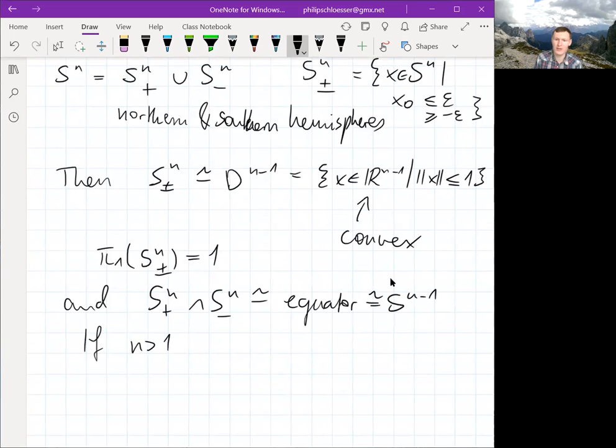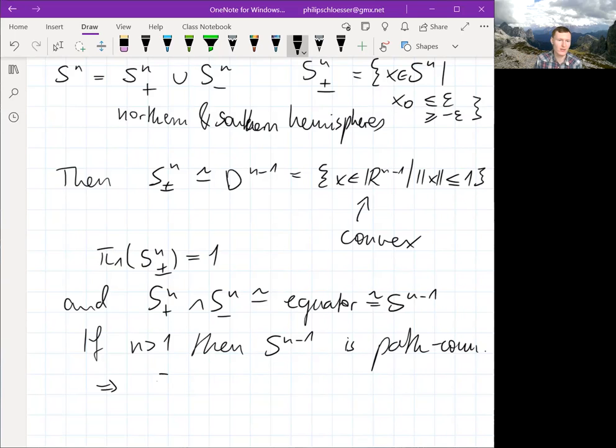If n is bigger than 1, that sphere S^(n-1) is path connected. For n equal to 1, we have the 0 sphere. The 0 sphere is just 2 points, so that's not path connected. But for anything bigger than that, it's definitely path connected. And I guess so are the hemispheres.